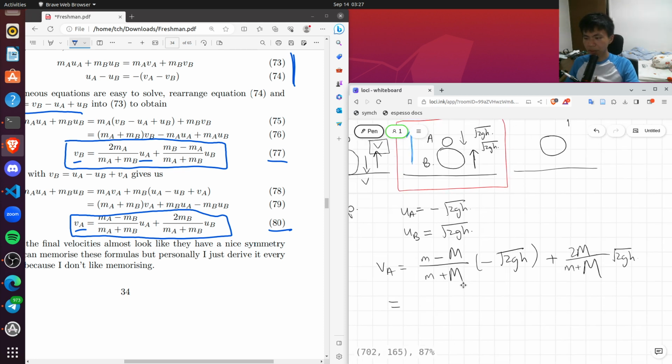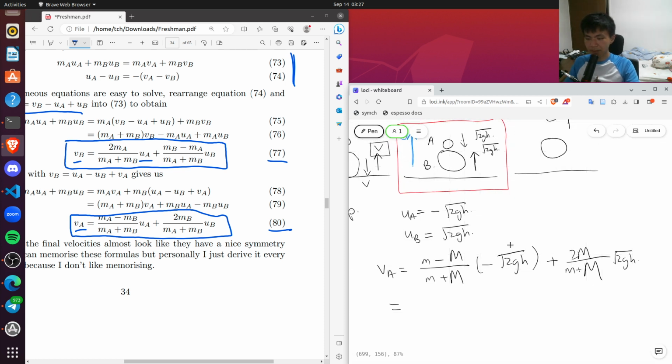And if we collect the terms, we'll get m plus big M in the denominator. Square root 2gh is a common factor, and we get 3 big M minus small m.